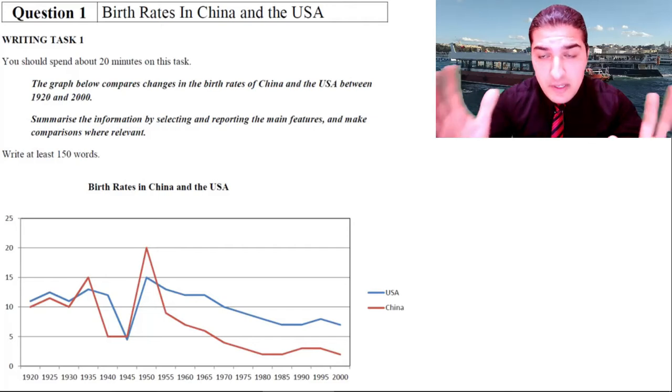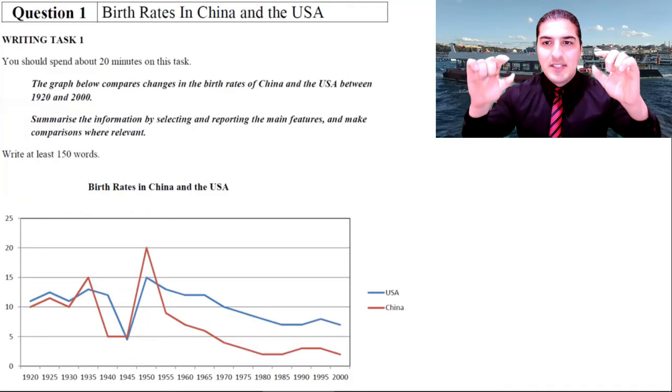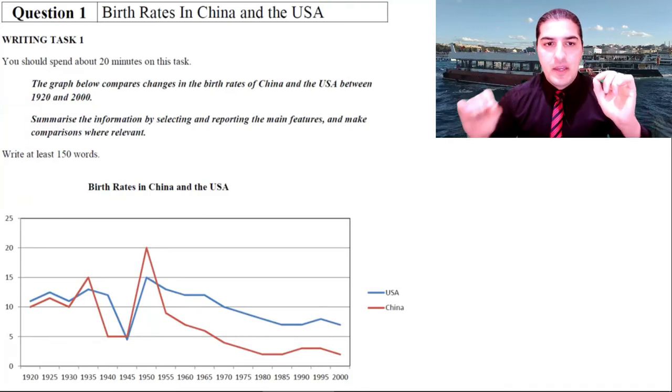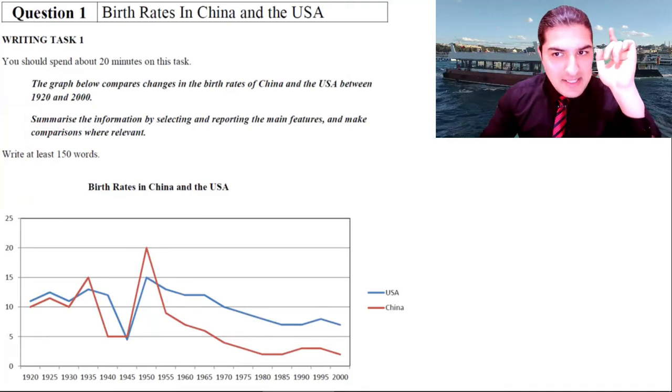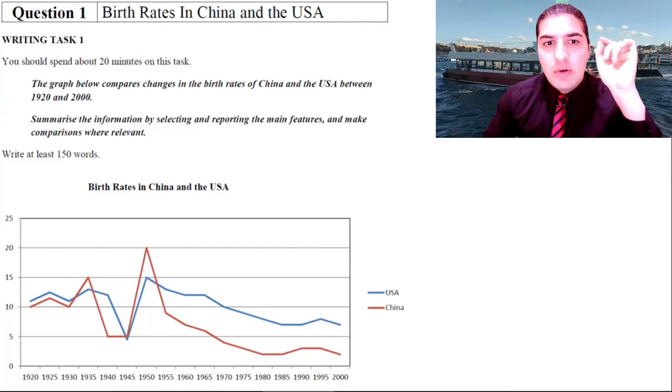So the first thing that I ask any of my candidates to do: address the task. It means do exactly as the task tells you to do. That is why some people fail in the IELTS exam, because they don't pay attention, they don't focus.